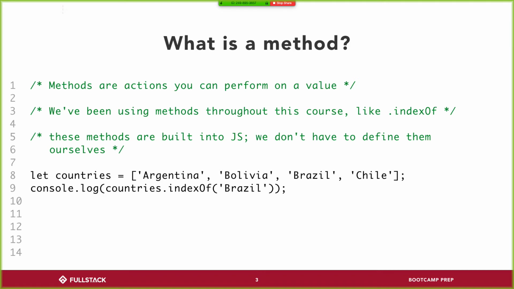That's how it finds indexOf, because indexOf isn't directly on countries, it's on a parent of countries. But you don't have to care about that for now. You might be thinking, well, what do you mean countries has an indexOf method? Countries doesn't even look like an object. But through some delegation mechanism, it will find it on an ancestor object.